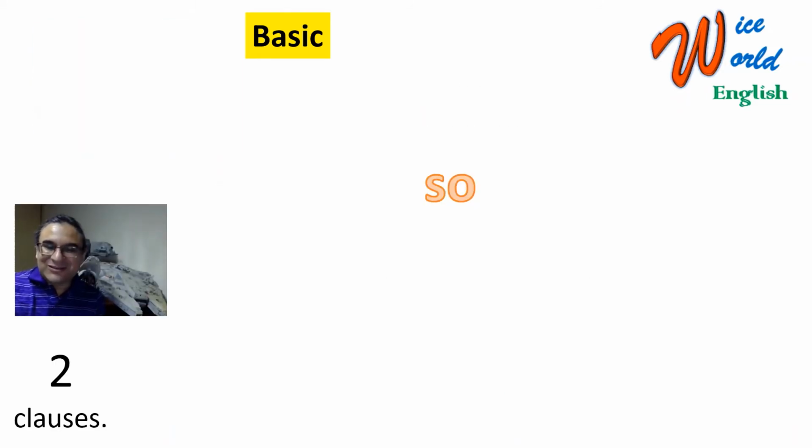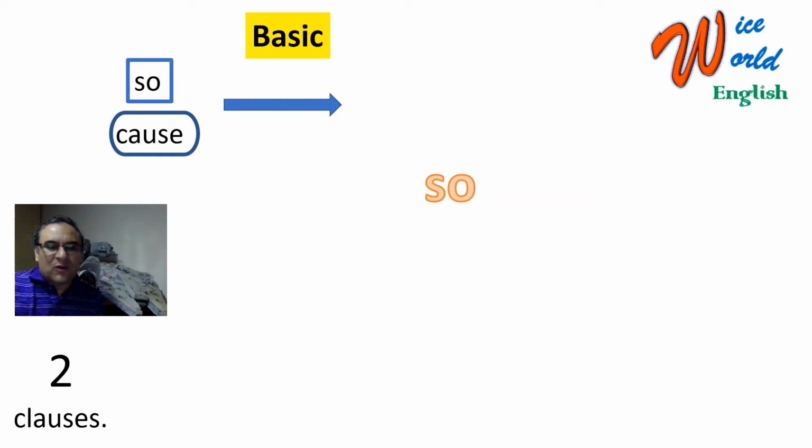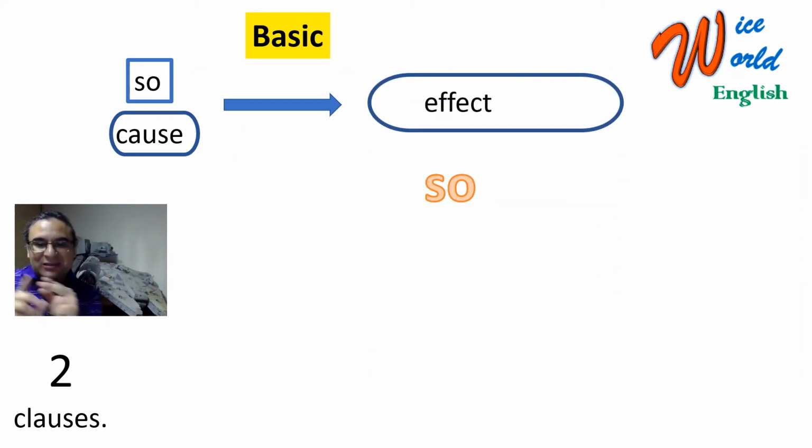Now let's talk about so. When do we use so? That's an interesting question. We use so when we want to talk about a cause in the first clause. In the first clause, we talk about a cause, and in the second clause, we talk about a consequence or an effect, right? So this happens and this is a consequence, right?